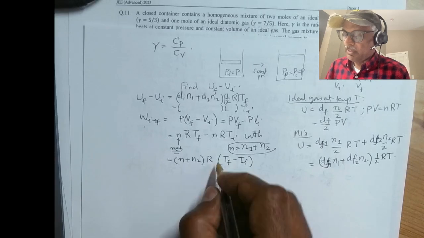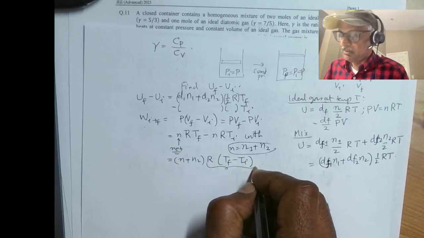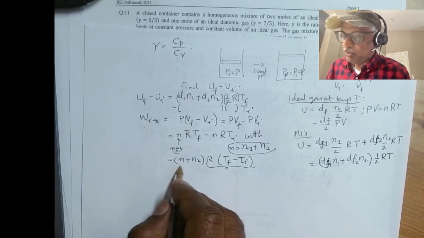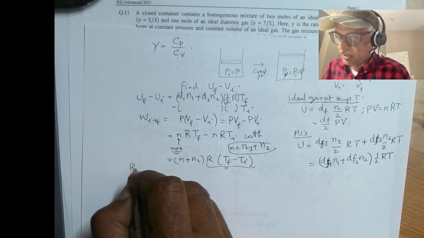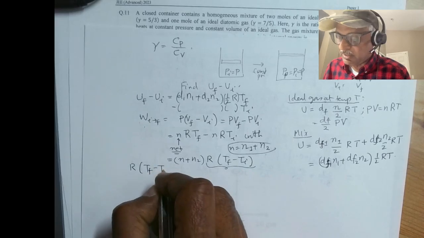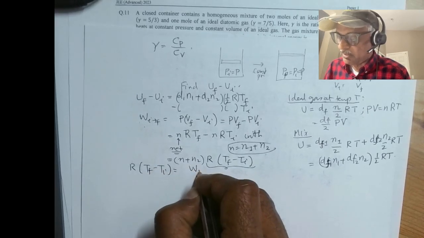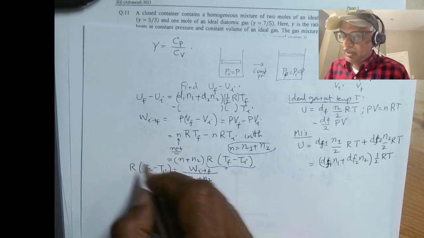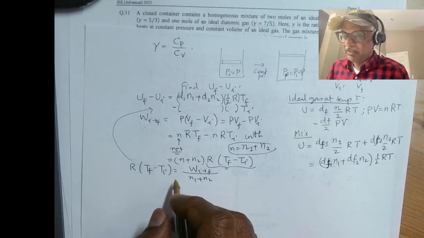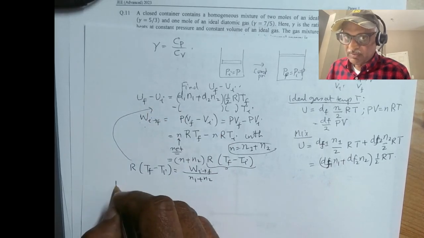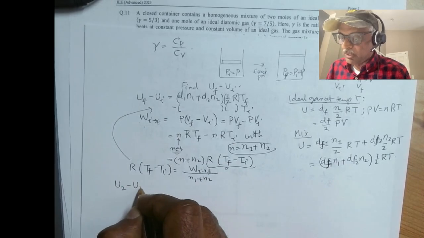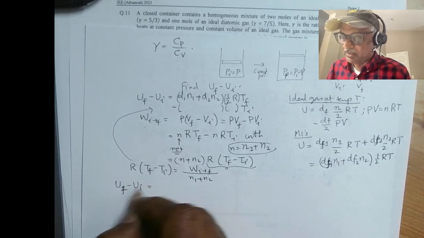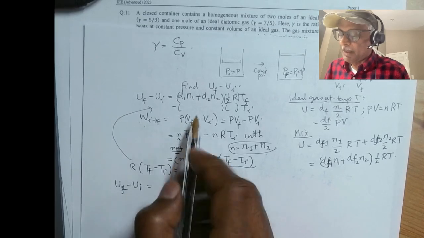So I can see the R times this is just W over that. So R times TF minus TI is simply work done over N1 plus N2. Now I can plug in there to get U final minus U initial. That's the one we're supposed to figure out.